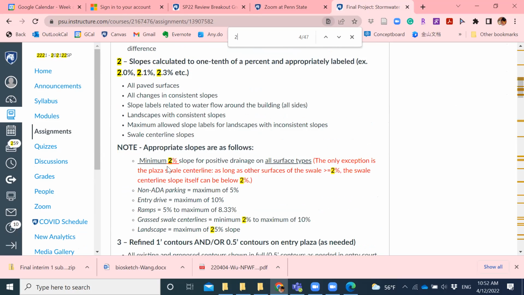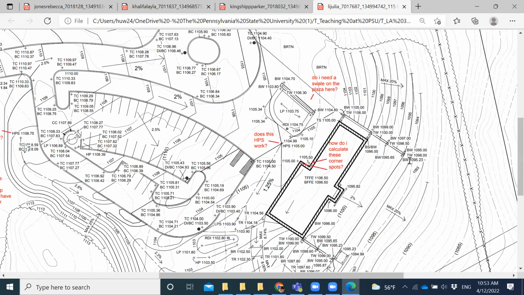Minimal 2. Yeah, I think you're fine, unless at the bottom you have 2 different slopes connected by the curb. Otherwise, if everything connected by the curb is the same, then yeah, you don't have that issue. Yes. I was getting a little nervous too. All right.